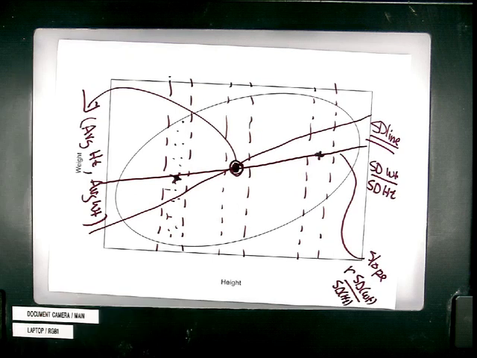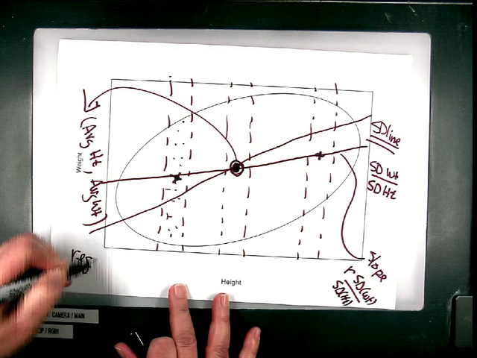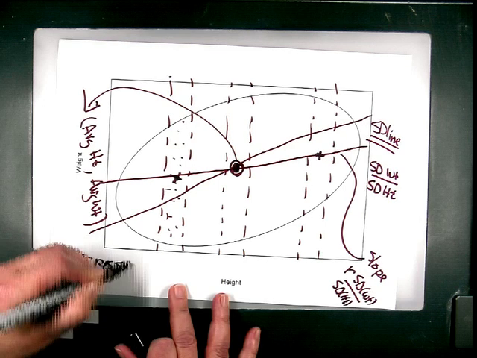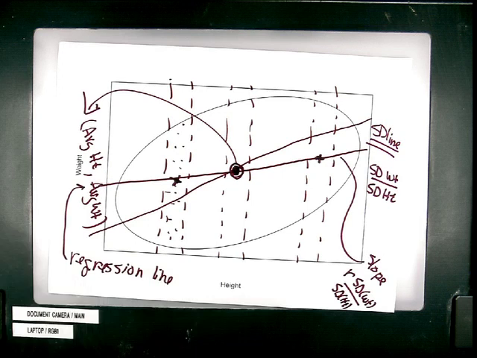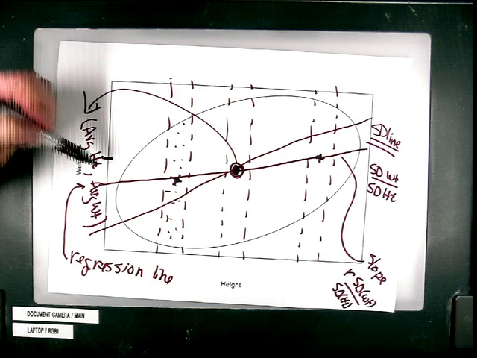So does anybody now know what the name of this line is? Exactly. This is the regression line. So where does the name regression come from? It comes from the notion that if we drew right here, mark on your plot the average height on the y-axis.